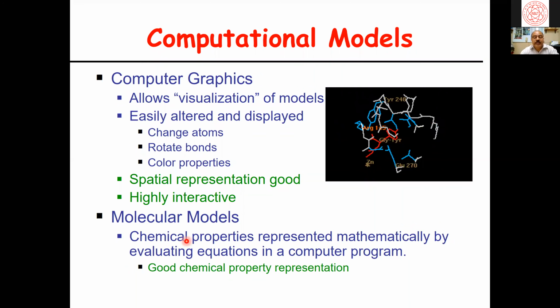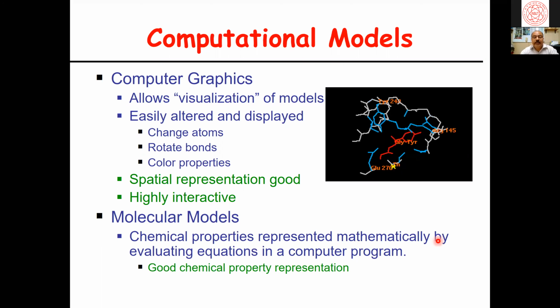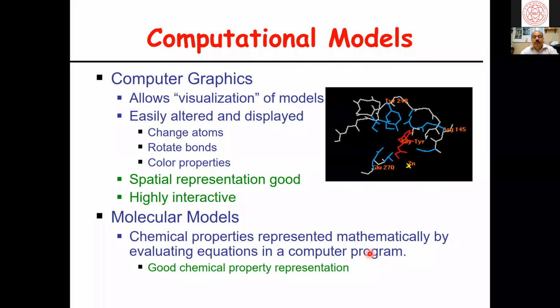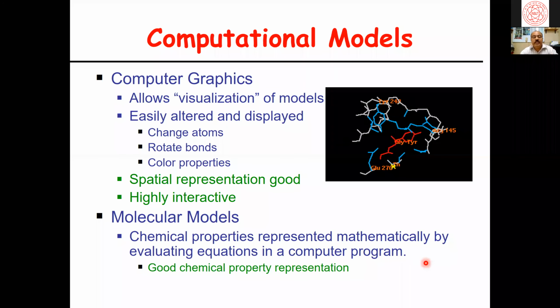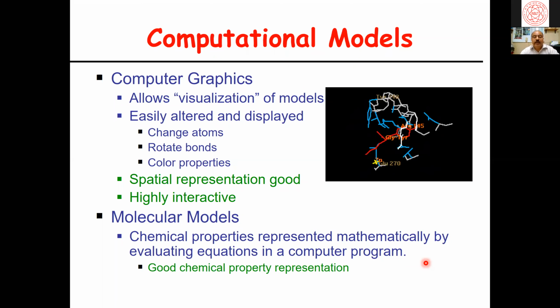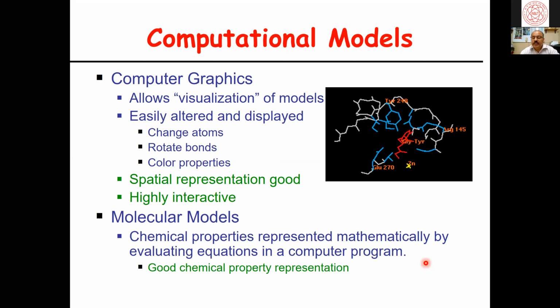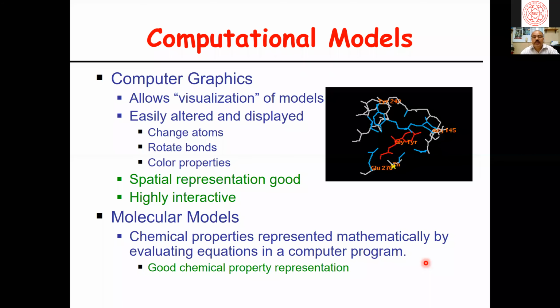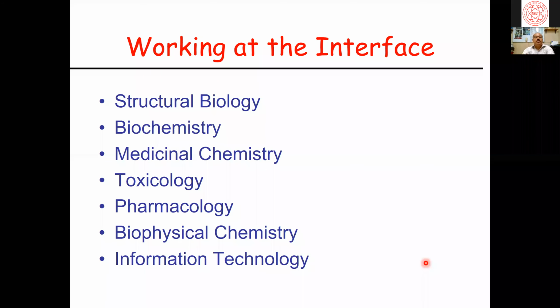Molecular models use chemical properties represented mathematically by evaluating equations in computer programs. This has all led to advancement in understanding the chemical property representation by these computational means.